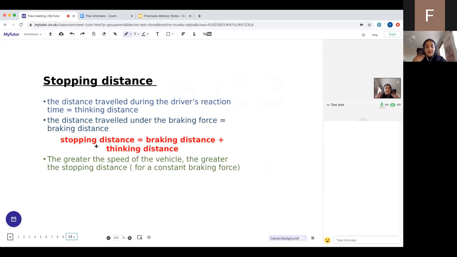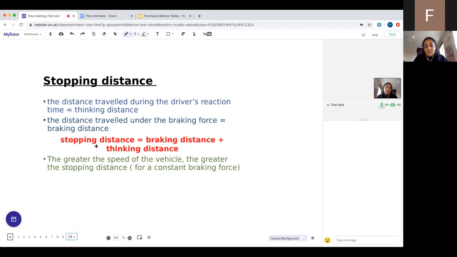But the braking distance is the distance that is actually travelled whilst the brakes are being hit. Two very different distances that work together to create the final total stopping distance.